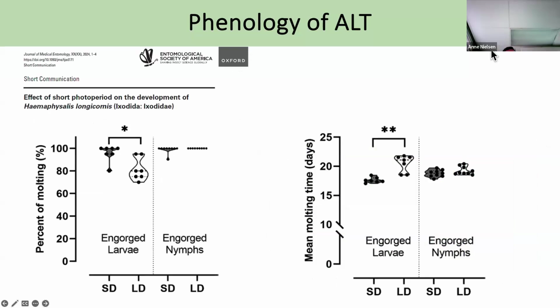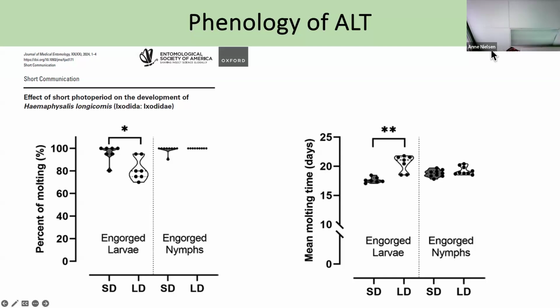Now, another thing that we did in terms of phenology of ALT was to look into the effects of photoperiod in development. We looked into engorged larvae and nymphs, because if you remember the figure that I presented before, larvae are present in the fall.